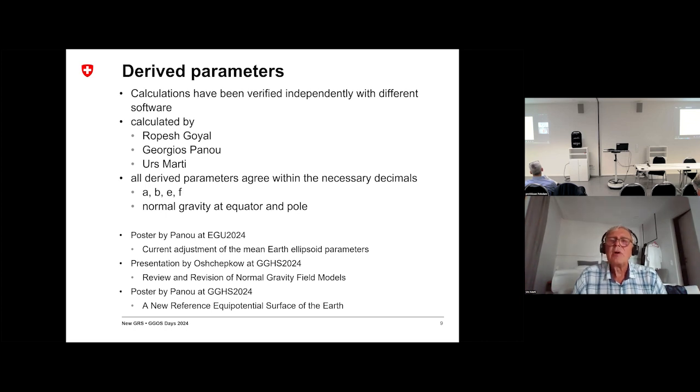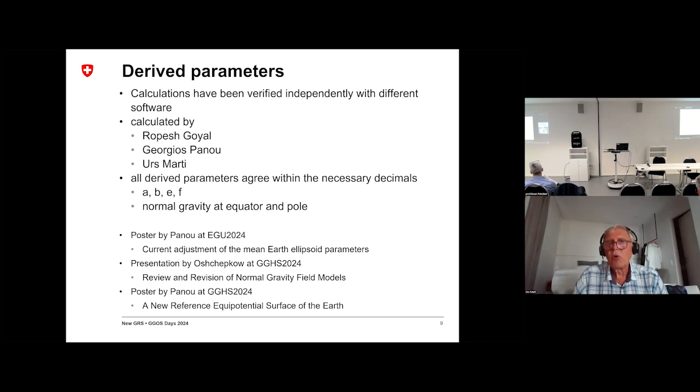And so we could verify that with different software and different methods, we get the derived parameters, especially the geometrical parameters such as a and b, but also normal gravity at the equator and pole, or everywhere on the ellipsoid surface, agree within all the necessary decimals.